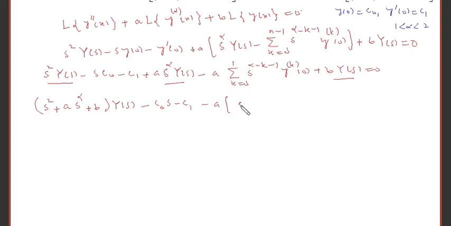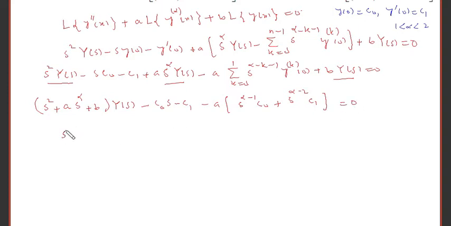When k is 0, it becomes s to the power alpha minus 1, and the zeroth derivative of y at 0 is just y of 0, whose value is c0, so this becomes c0. And then for k equals 1, it becomes s to the power alpha minus k minus 1, which is alpha minus 2, and the k equals 1 term is y prime of 0, which is c1, so this is c1, equal to 0.